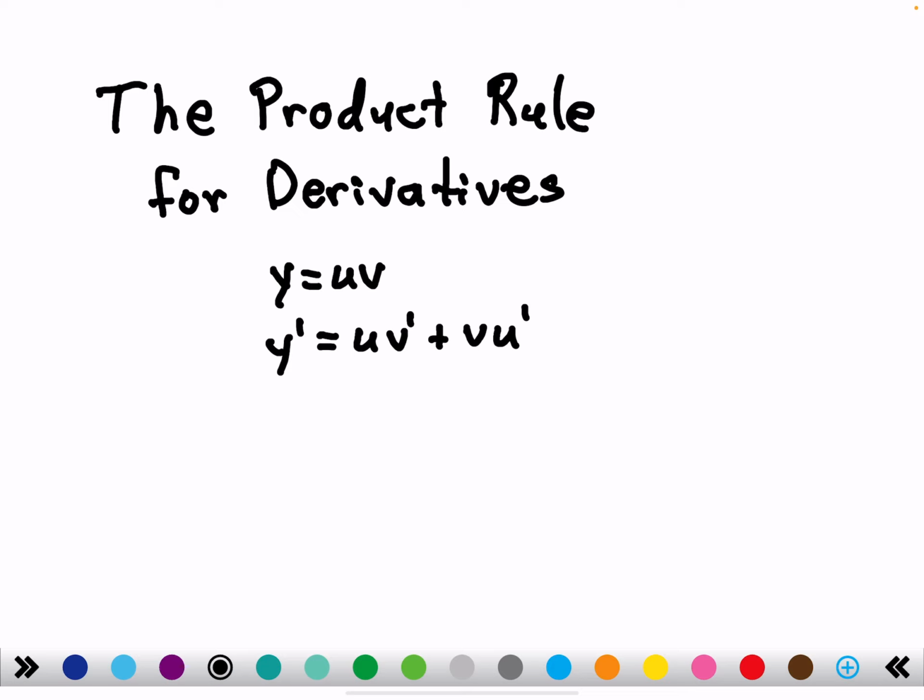So if u represents one function and v represents a second function, and these two functions, u and v, are multiplied together, the derivative y prime is the first function u times the derivative of the second function v plus the second function v times the derivative of the first function u. A simple way to say this is the first times the derivative of the second plus the second times the derivative of the first.